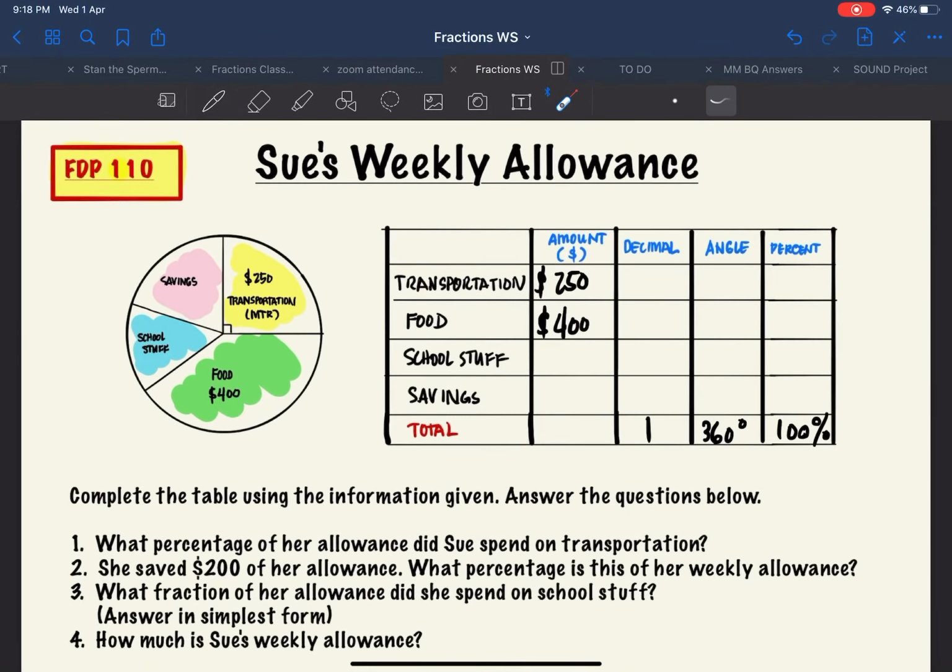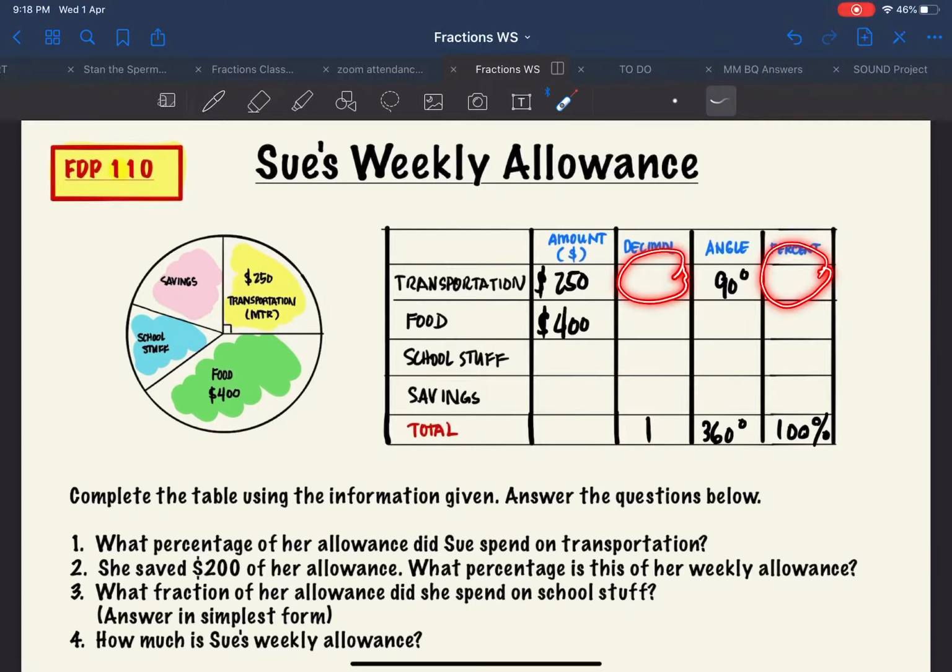So yes, we have enough information, okay, because we know transportation, the measurement of the angle is 90 degrees. So now that we know that the measurement is 90 degrees, we can calculate for the percentage and the decimal.